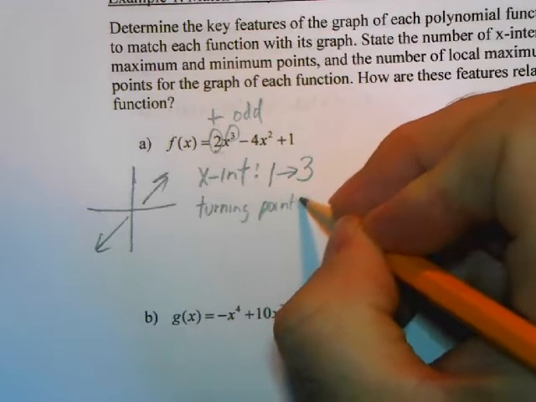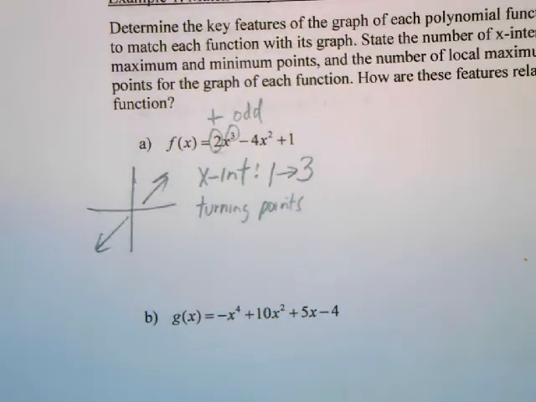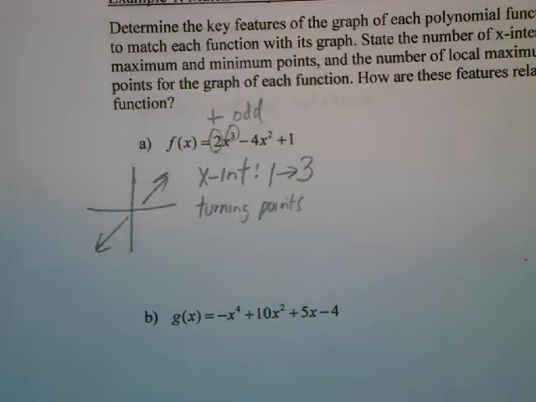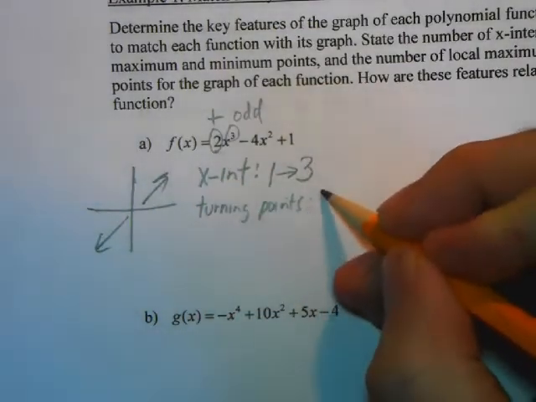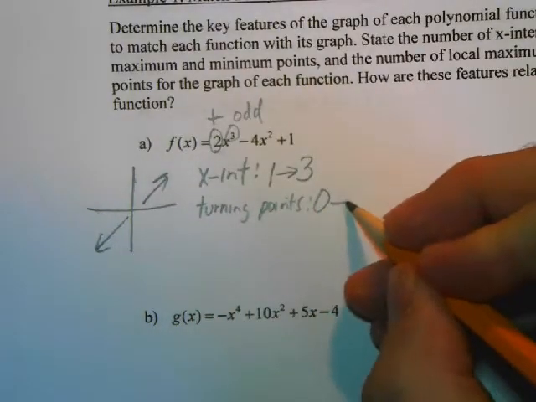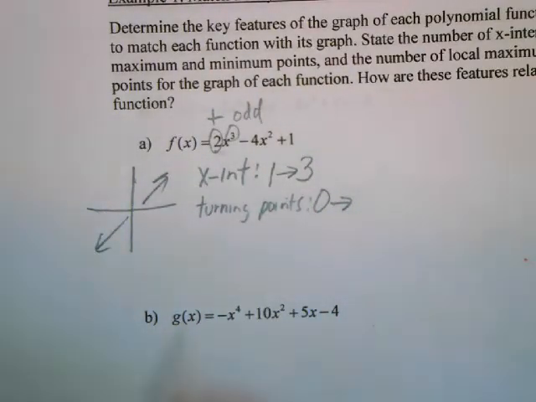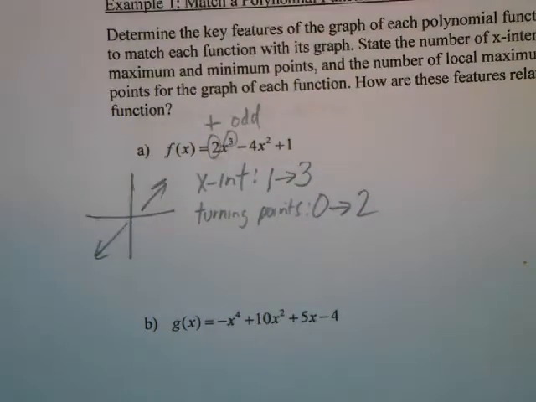I don't think we listed this in the key concepts, but if it's odd degree, it doesn't necessarily have to turn at all, because it could be degree 1. So I'm going to put 0 up to, and the maximum number of turning points is always 1 less than the degree. So anywhere from 0 to 2 turning points.